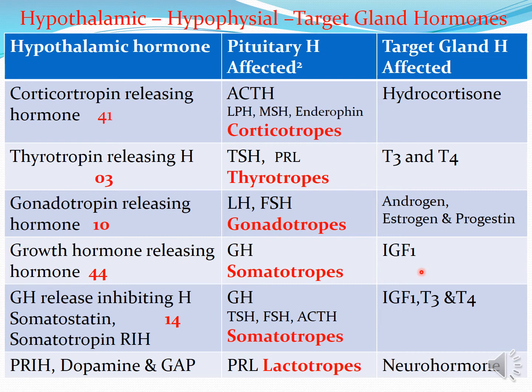Growth hormone releasing hormone stimulates the rate of transcription of the growth hormone gene. Growth hormone release and production are under tonic control by both stimulating and inhibiting hypothalamic hormones. In addition, a peripheral feedback loop is involved in growth hormone regulation.